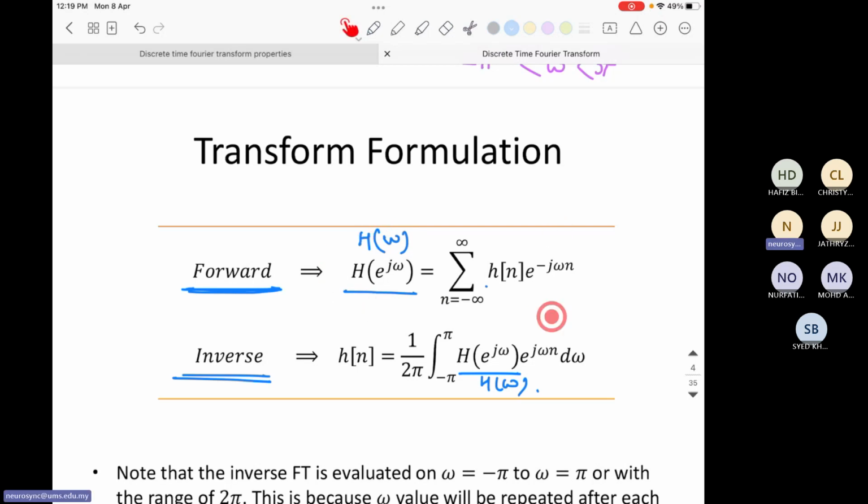We are doing the summation because this is in discrete form. To get the inverse of this transformation, we will use the integration sign because H of omega is a continuous term. So these two formulas are very important.